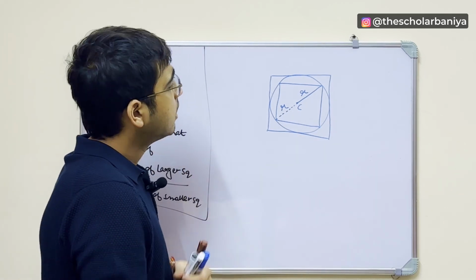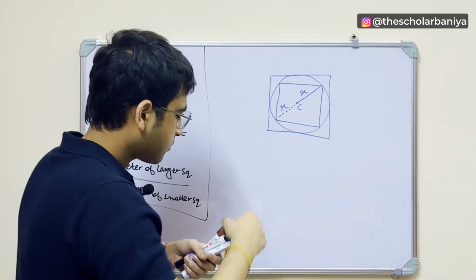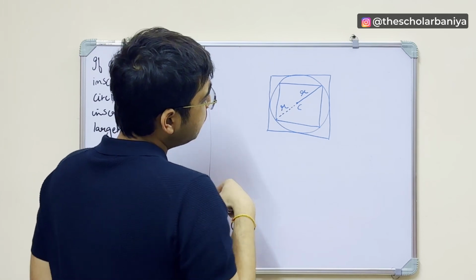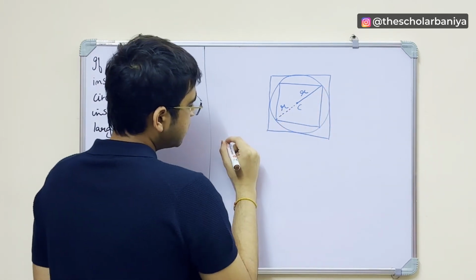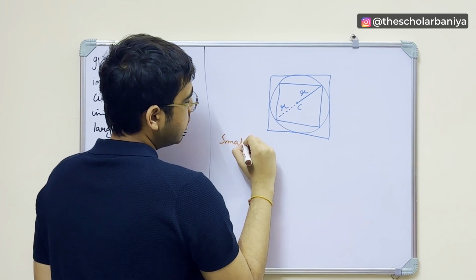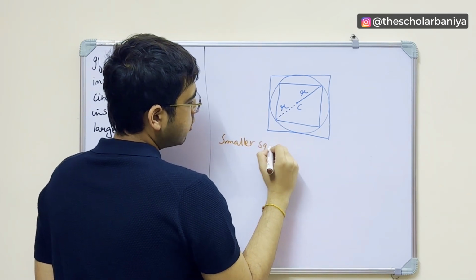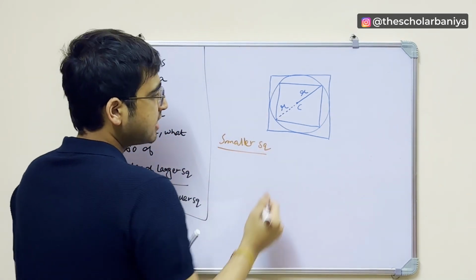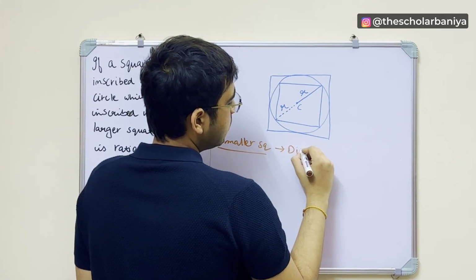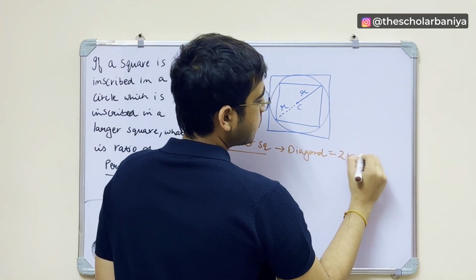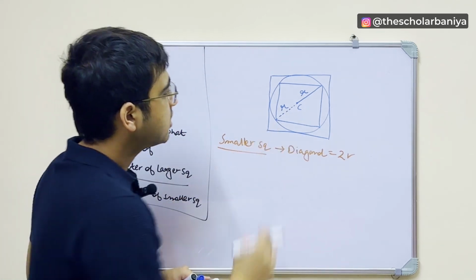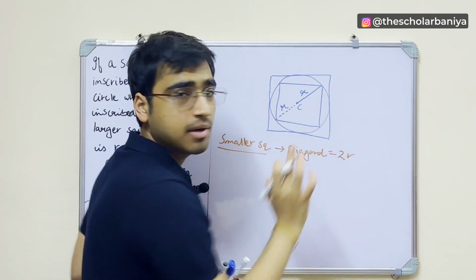Okay, perfect. Now tell me one thing. If this is the entire diagonal, for the smaller square, what is the diagonal? The diagonal is 2r. So for the smaller square, the diagonal becomes 2r.